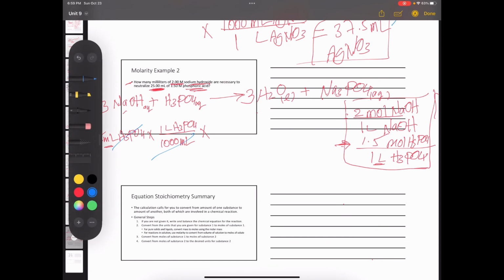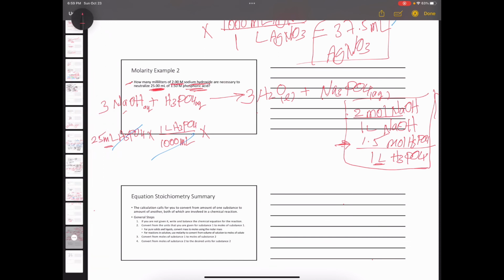So now I can use my molarity conversion, because I'm trying to convert into moles of phosphoric acid. So I need mole H3PO4, and down here will be liter H3PO4. Based on my molarity calculation, 1 liter is 1.5 moles of phosphoric acid. Now, I have to use my stoichiometric mole-to-mole relation between sodium hydroxide and phosphoric acid.